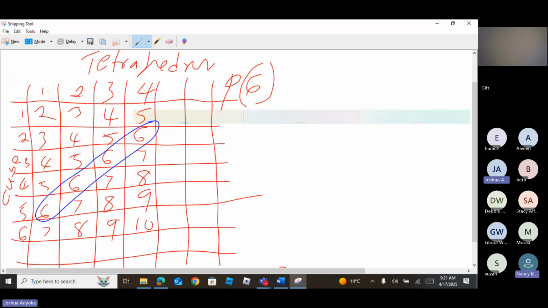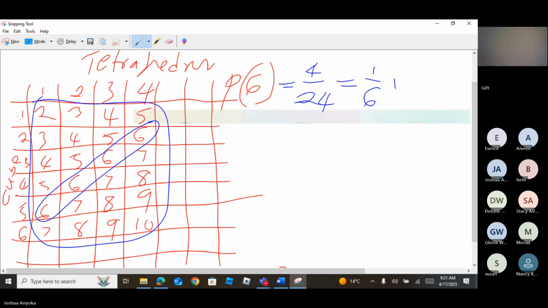How many 6s are there? 1, 2, 3, 4. Favoring the outcome of getting 6, 4. Probability space in the table, all of these ones. This is the sum that we have. 4 times 6, 24.